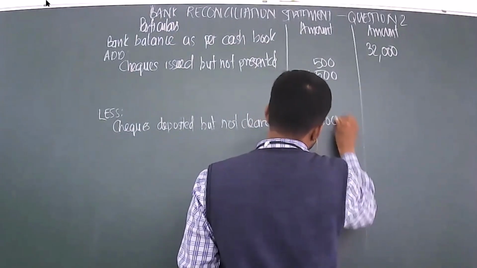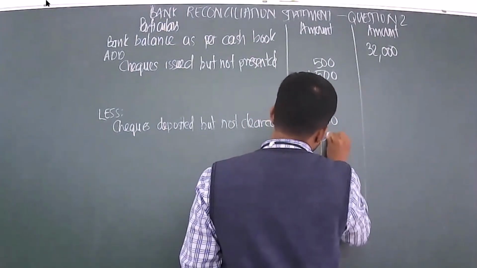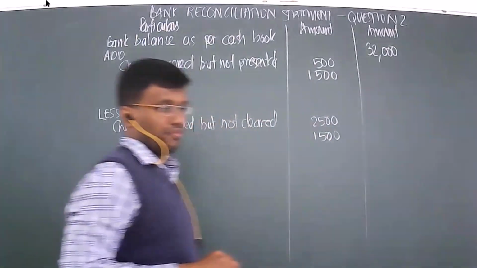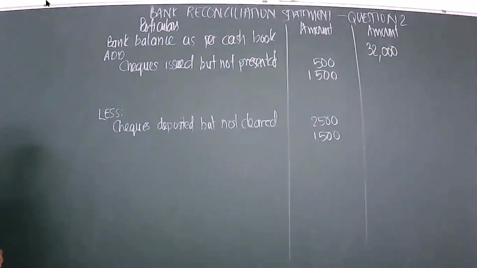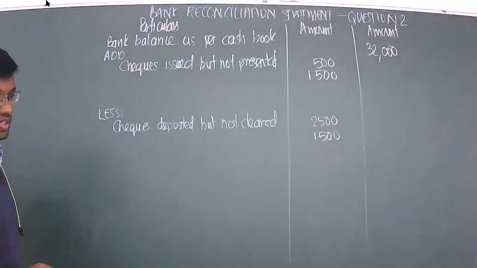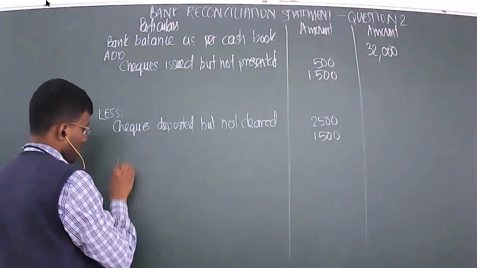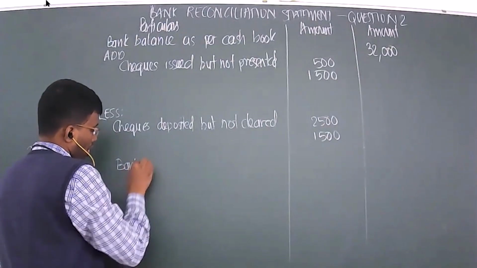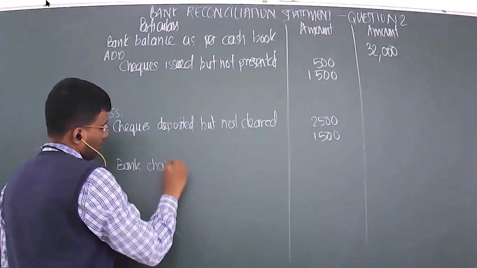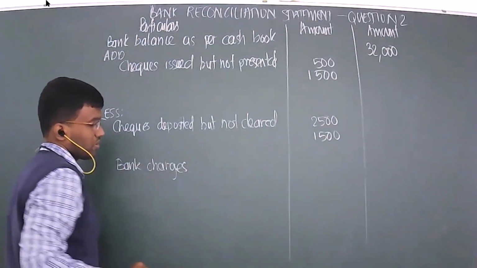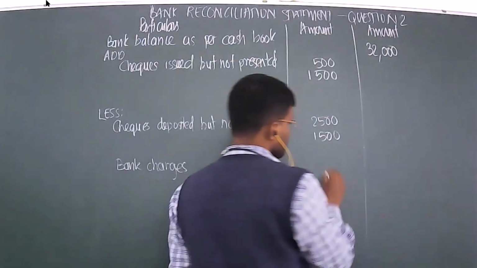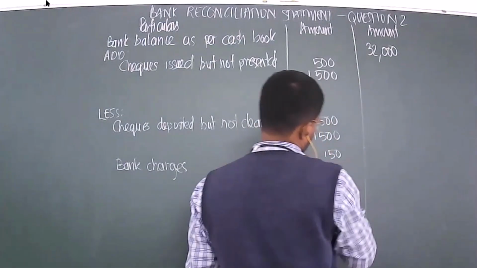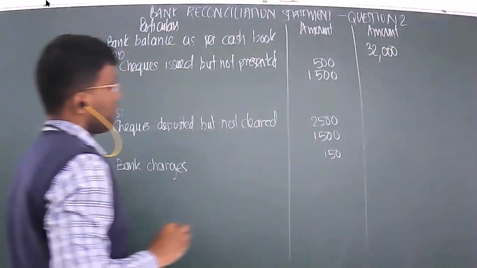One is worth 2,500 and the other is worth 1,500. Then what else do we have? Then we have one last transaction, which is bank charges. So how much is bank charges? Bank charges is 150.